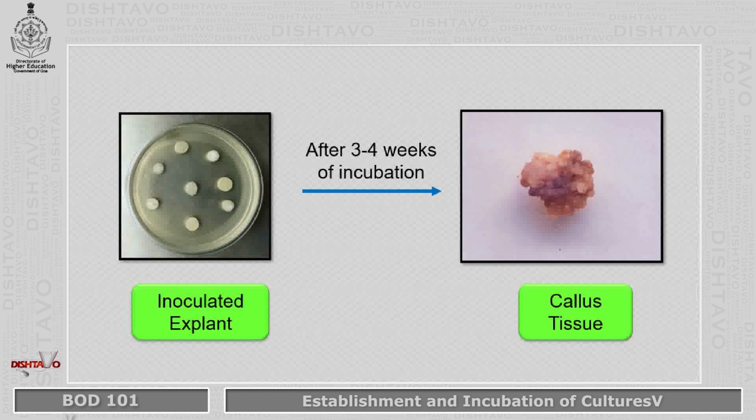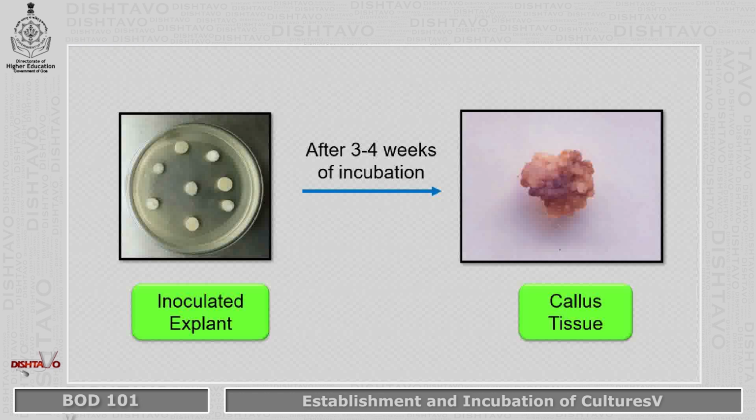So students, in this module, we have learned about the establishment and incubation of cultures, wherein we learned the ideal conditions that are required for incubation of cultures, that is the temperature, the photo period, and the relative humidity.